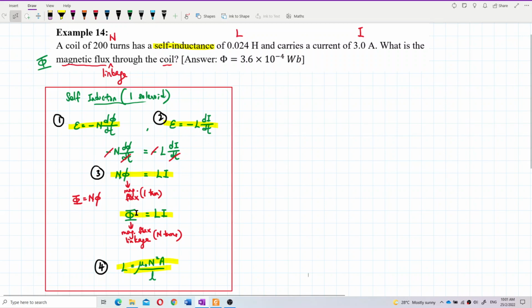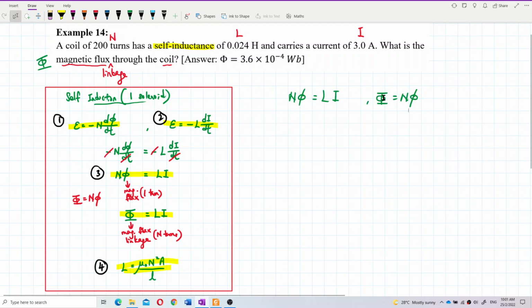It actually comes from the formula N phi equals Li. This N phi is the capital phi, the magnetic flux linkage. Small phi is the magnetic flux for one turn. Big capital phi is the magnetic flux linkage for many turns, for the 200 turns.